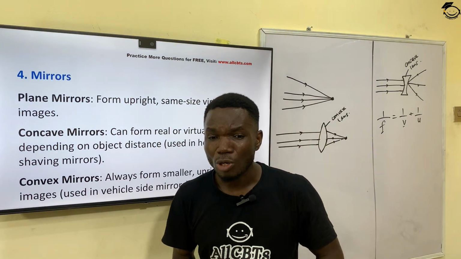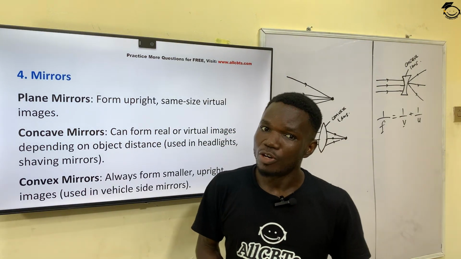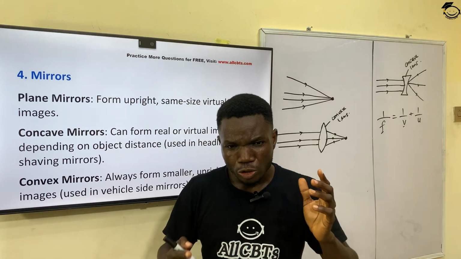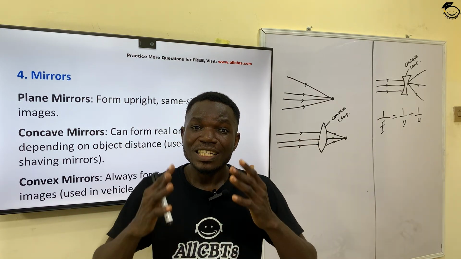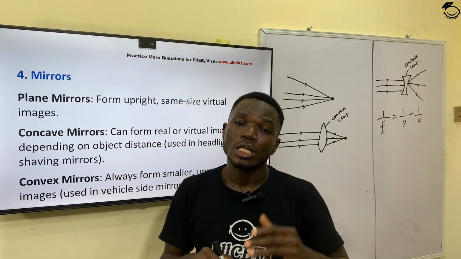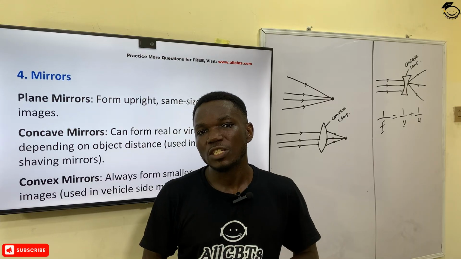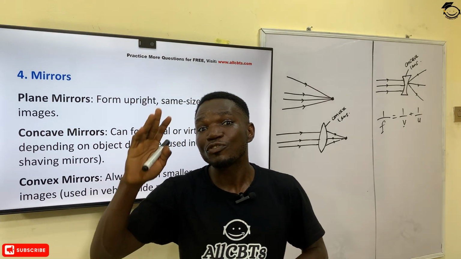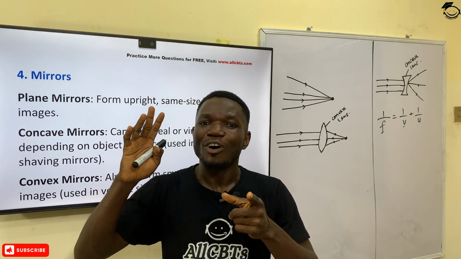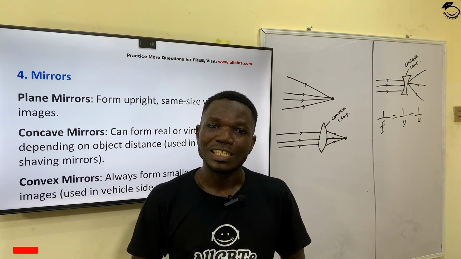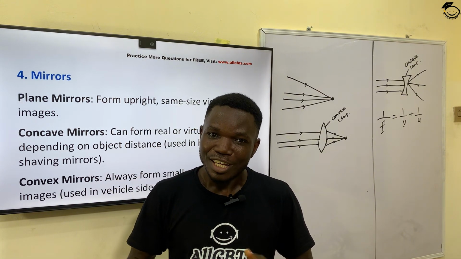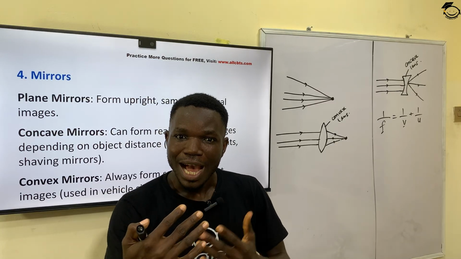What does this mean? It means when you stand in front of your plane mirror and you look at yourself, you realize that the same size you are is what you're going to see in the mirror, but the image is not real. The image is virtual, meaning that when you lift your right hand, the image in the mirror is not lifting its right hand, it's lifting the left hand, because the mirror is going to turn you the other way, and that is what?